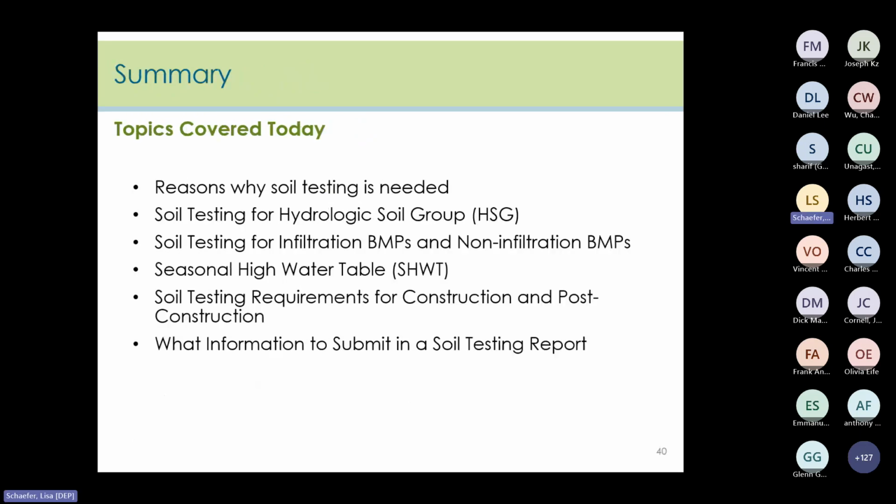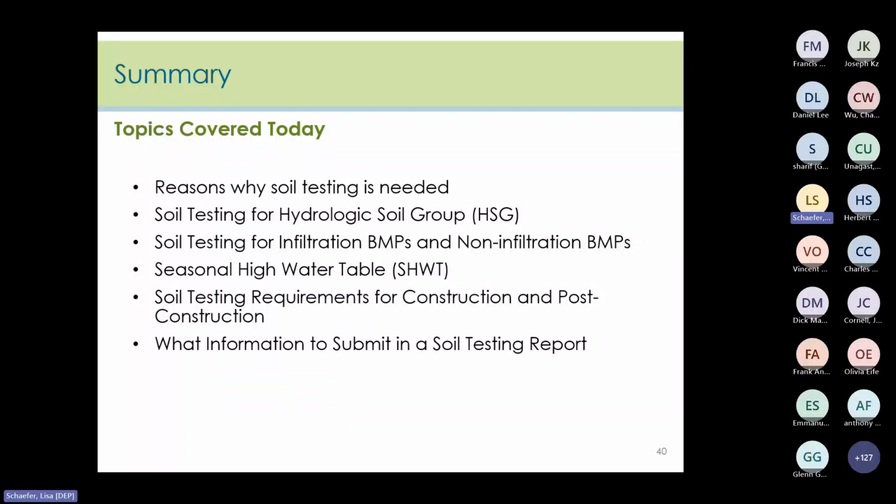Okay, so that's just about everything I have for today. Just to recap, we covered the information all from Chapter 12. It's why we need soil testing, HSG determination testing, soil testing for infiltration BMPs and for non-infiltration BMPs, testing to locate the seasonal high water table, and what the requirements are for construction and post-construction soil testing.